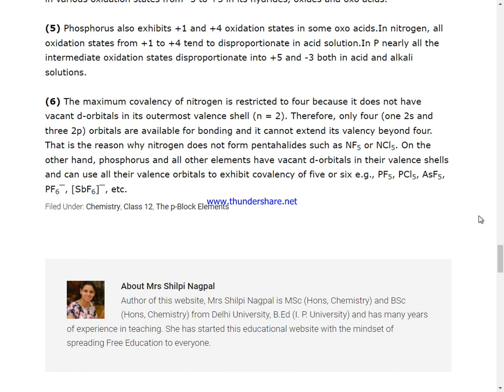On the other hand, phosphorus and all other elements have vacant d orbitals in their valence shells and can use all their valence orbitals to exhibit covalency of 5 or 6. For example, PF5, PCl5, SbF5 and PF6-, SbF6-, etc.